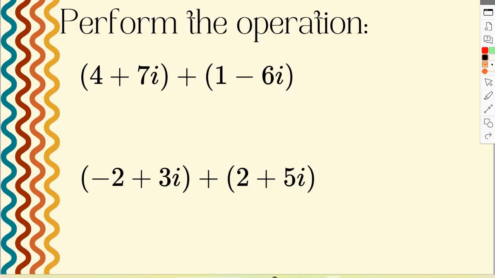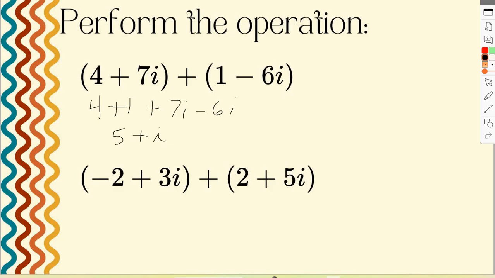Alright, so pass your marker again. This time, you're gonna work the following 2 problems. We are adding and subtracting. You can erase your previous stuff. So most of us were able to get that first one.